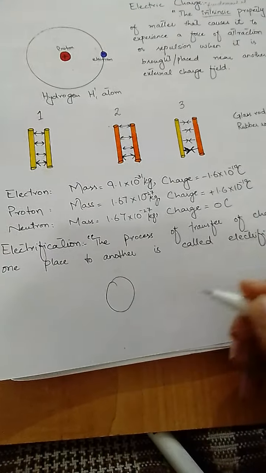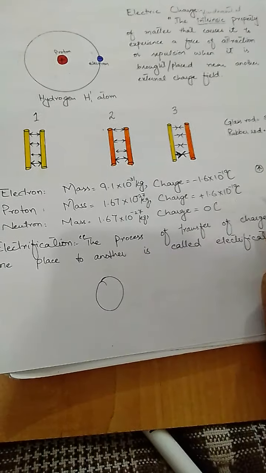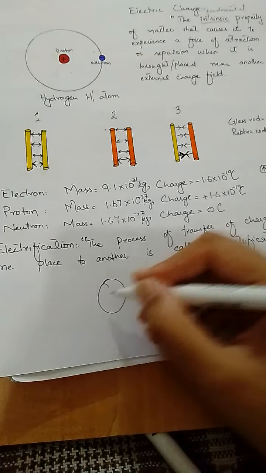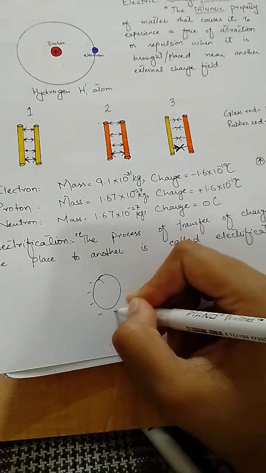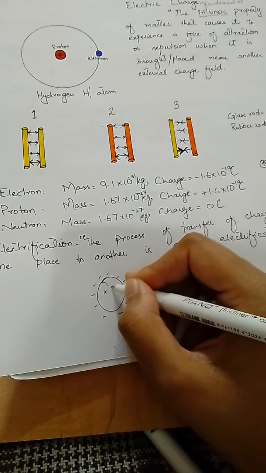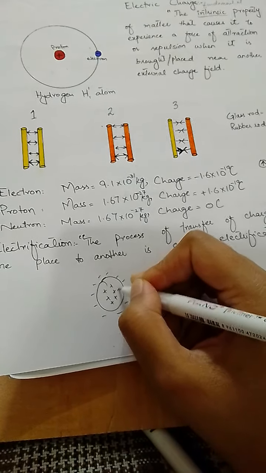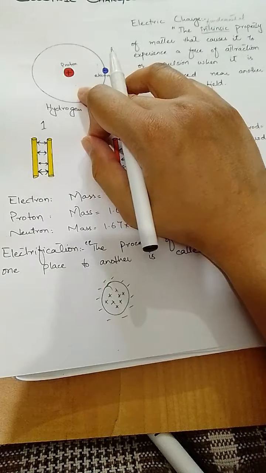What happens is that take a ball, okay, take a sphere, any kind of sphere. When we charge it, when we electrify it, what happens is that negative charge would reside on the surface, and positive charge, which are basically the protons, the nucleus actually, okay, as the nucleus is so heavy it cannot move.